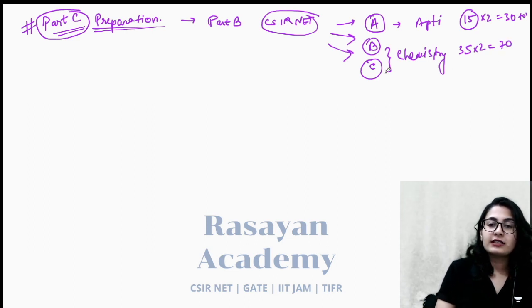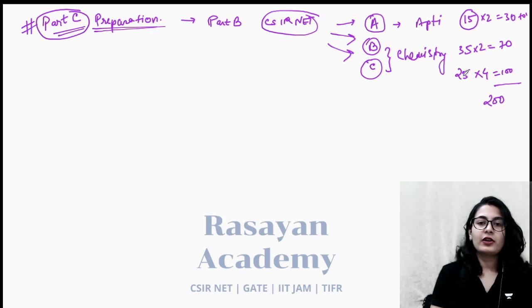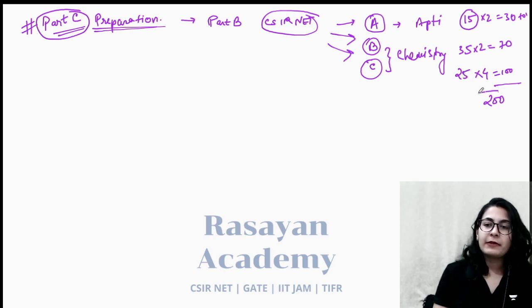And in section C, you have to attempt only 25 questions, which gives you a maximum of 100. So the total is 200 marks, the maximum for your CSIR NET examination.